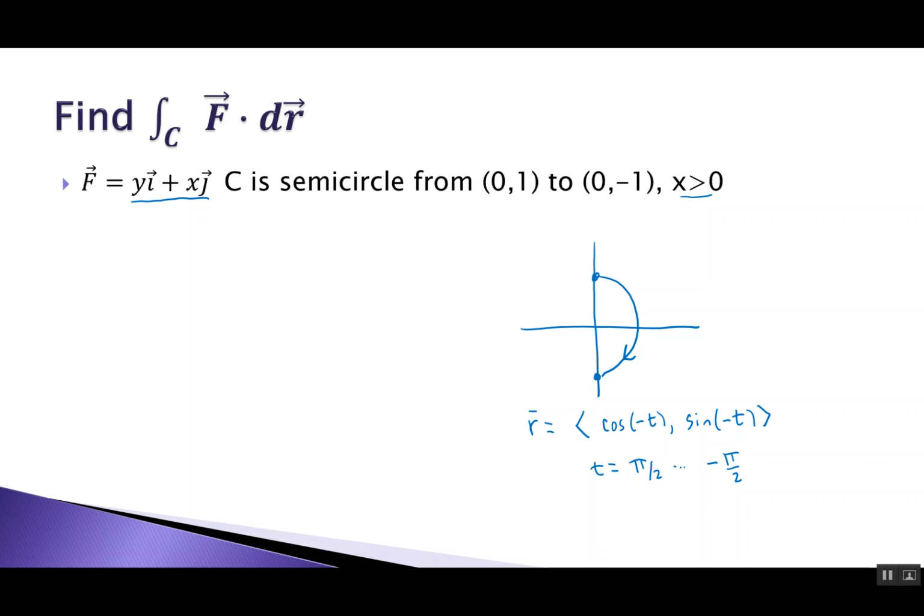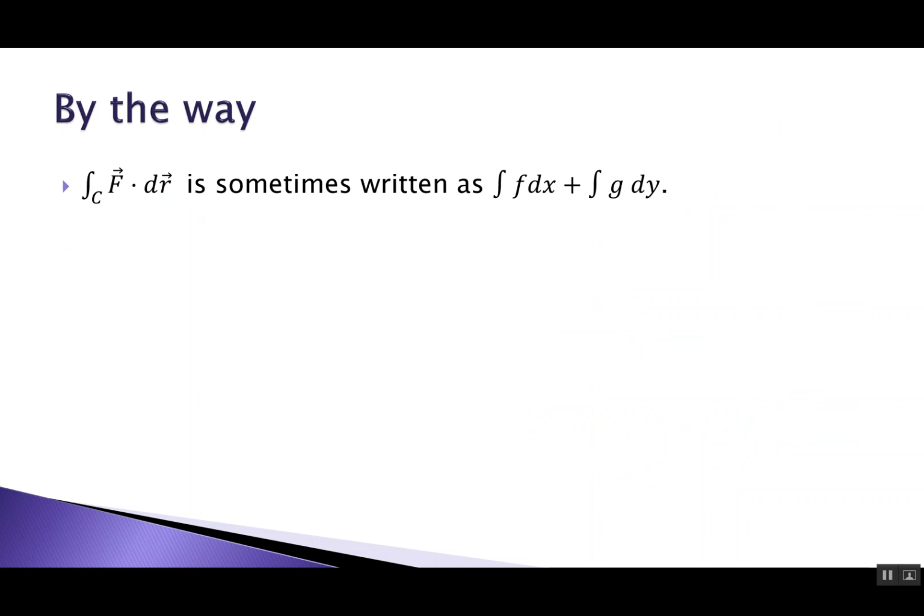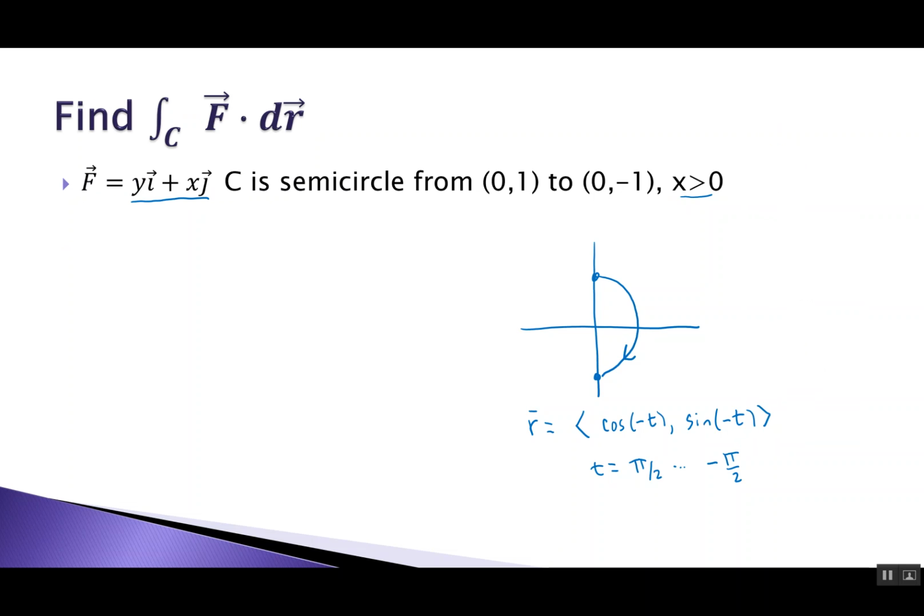Okay. So let's get our equations. The first thing I'm going to do is write my f. So f is y times i plus x times j, and the y is equal to sine of minus t, and the x is cosine of minus t. So there's my f.